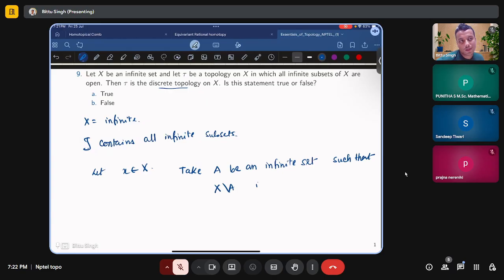This is always possible for an infinite set: an infinite set can be partitioned into two pieces where both are infinite.